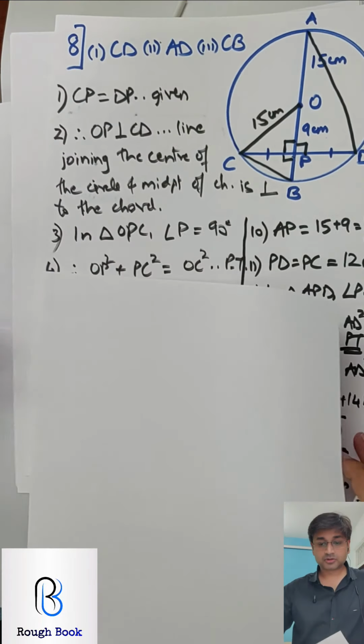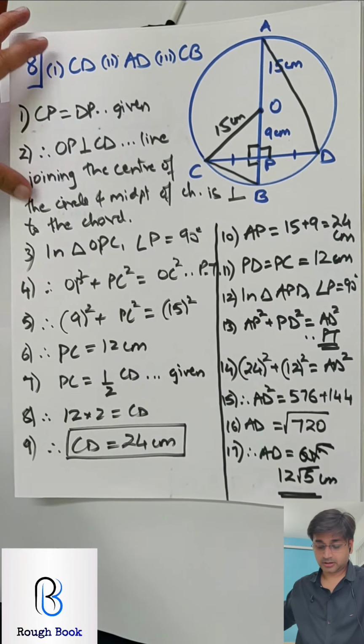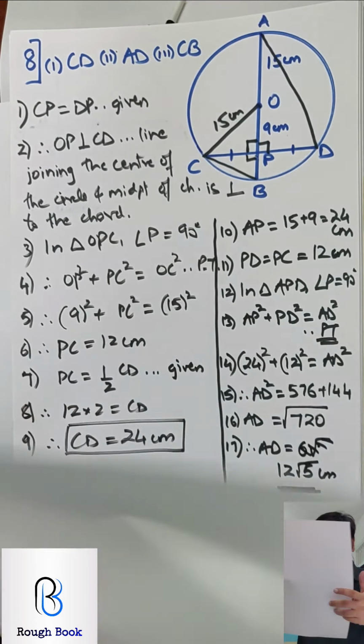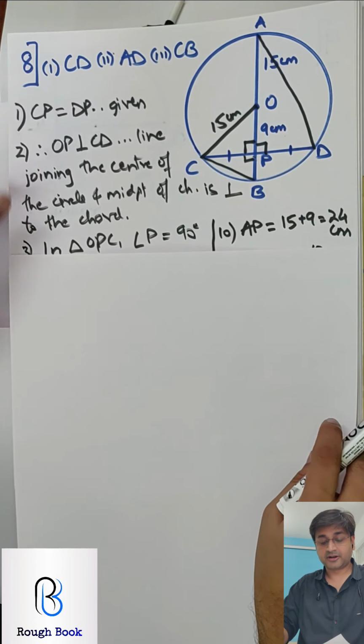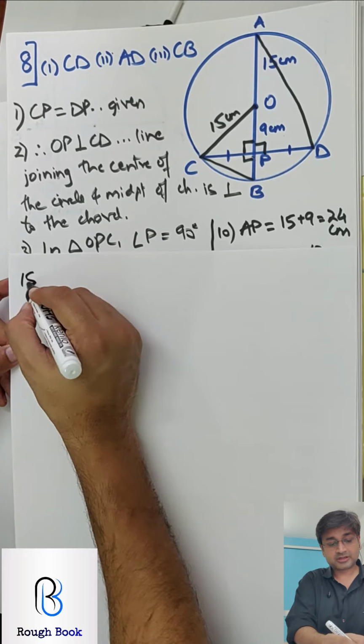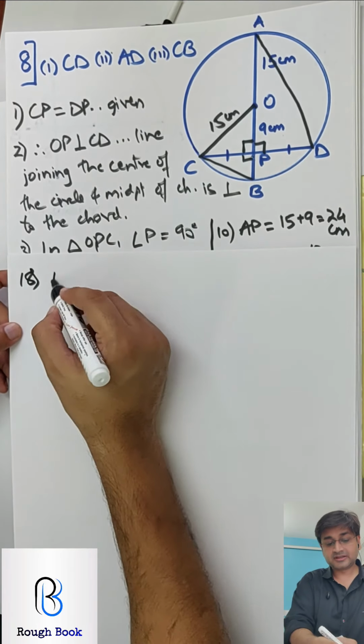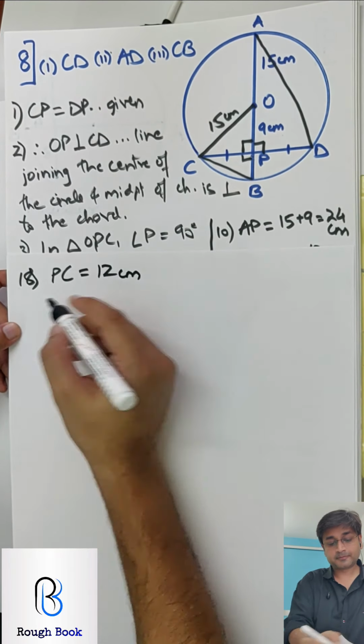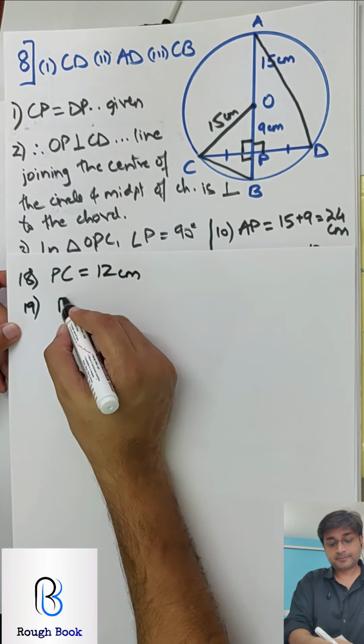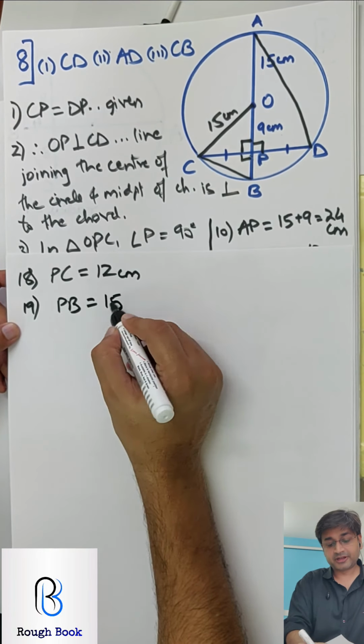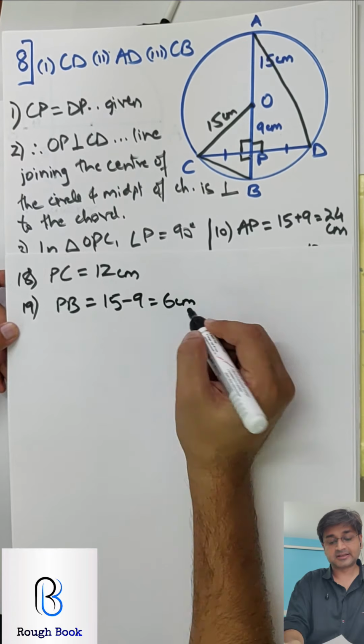So step 18, we are trying to find CB now. PC is 12, PB shall be 15 minus 9, that is 6.